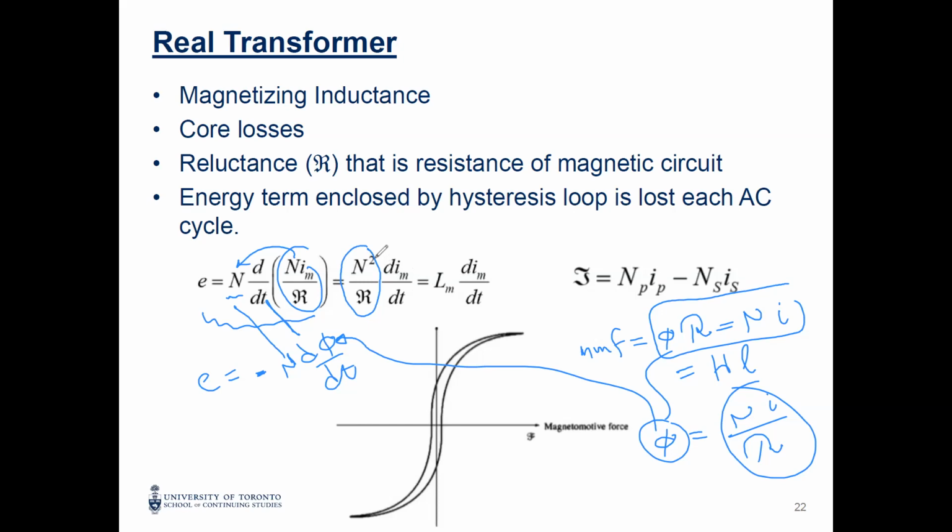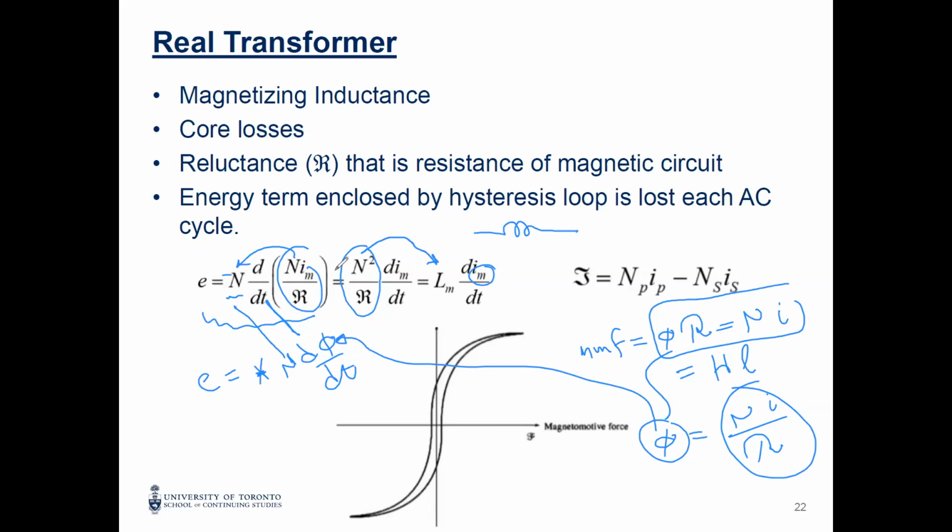N squared over the reluctance is something called the inductance. dM by dt, we will discuss what the M is later. But what I want you to know from this slide, first, I ignore the negative.